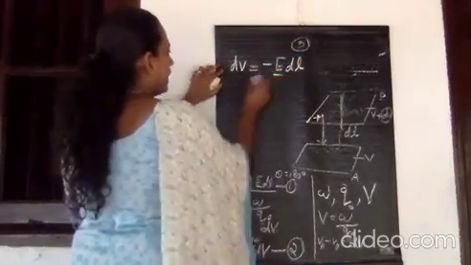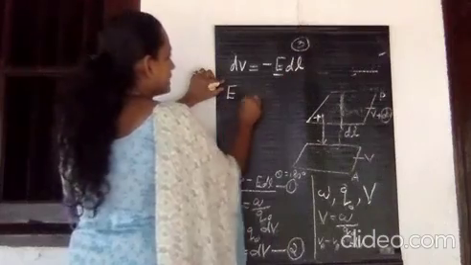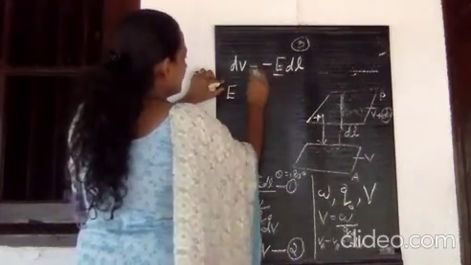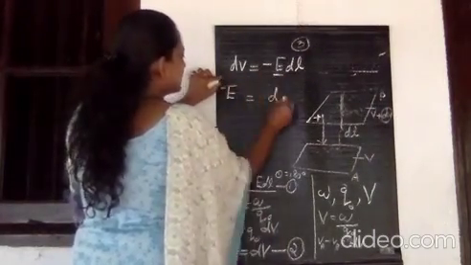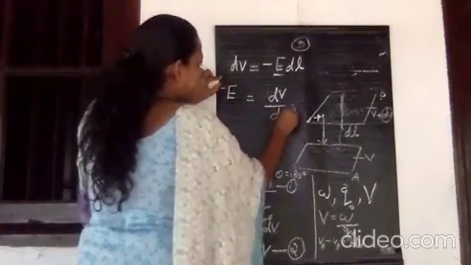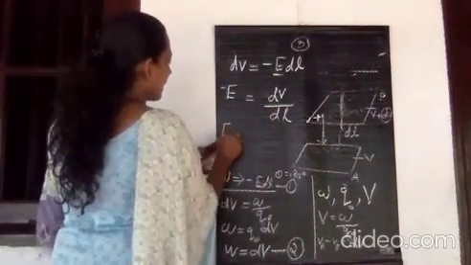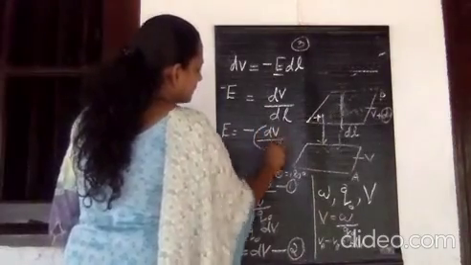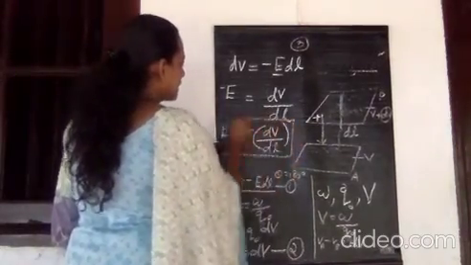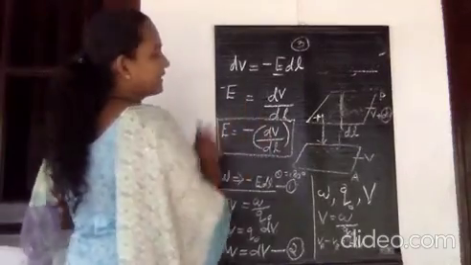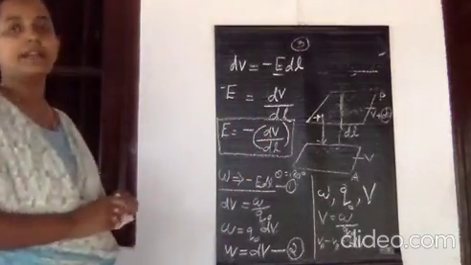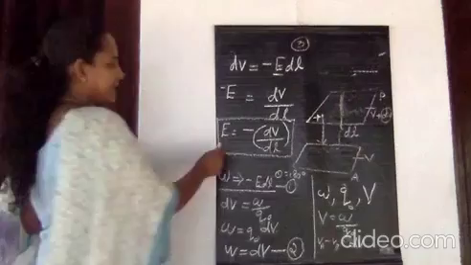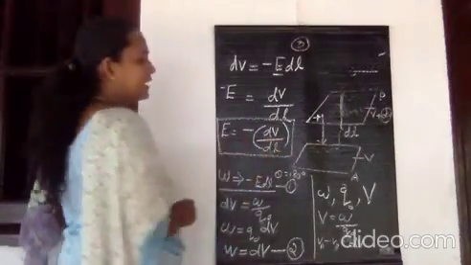Or from here, you can write minus E is equal to dV by dl. Or otherwise, you can write E is equal to minus dV by dl itself. So this is the relation connecting electric field and potential itself. Both are interrelated and the relation is E is equal to minus dV by dl itself.